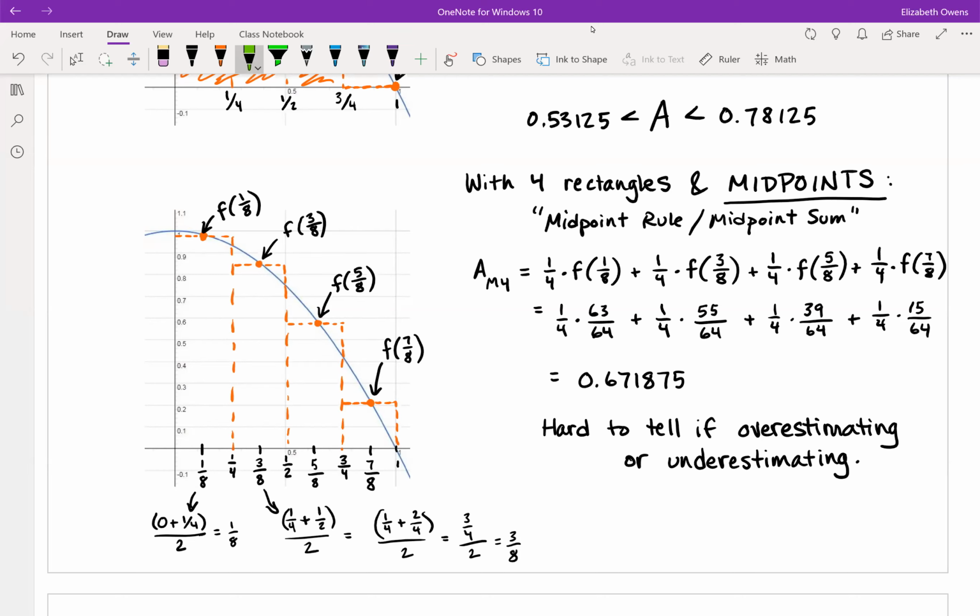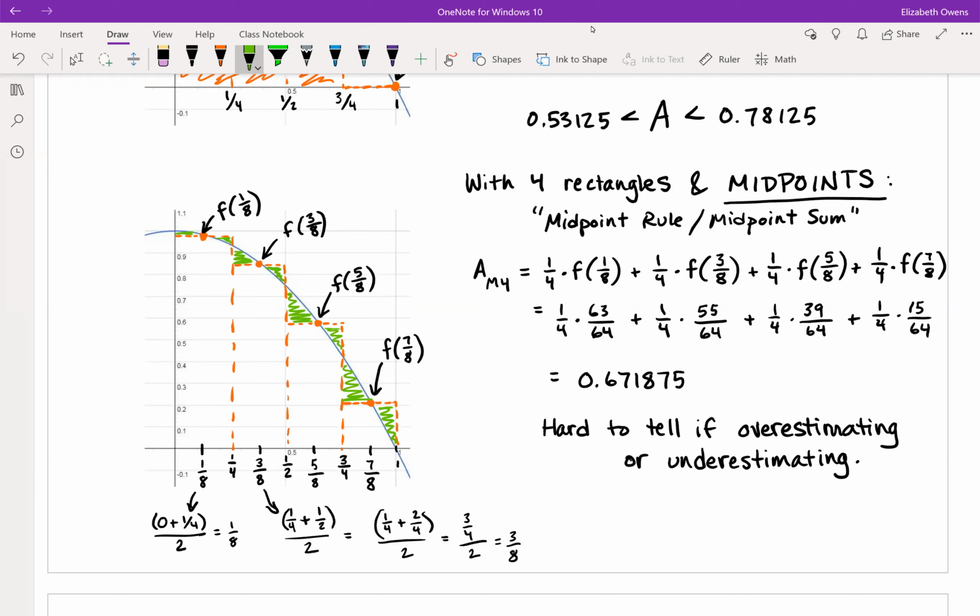But yeah, this one is hard to tell because some parts overestimate, like this little piece, that little piece, that piece, that piece. Those are bits that stick out over the area that we want. But then this piece, that piece, that piece there, and this piece here, those cut in underneath the area that we want.